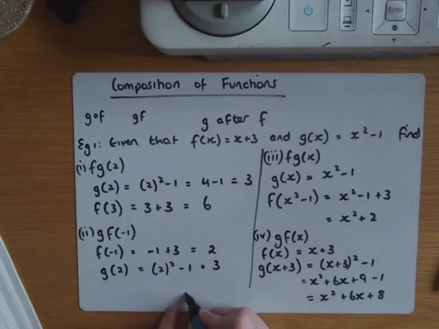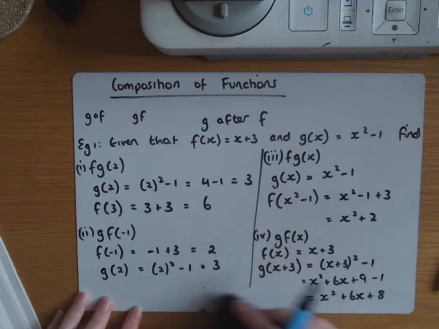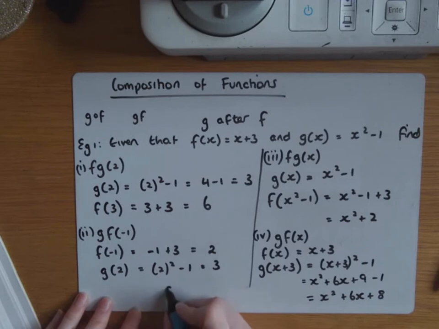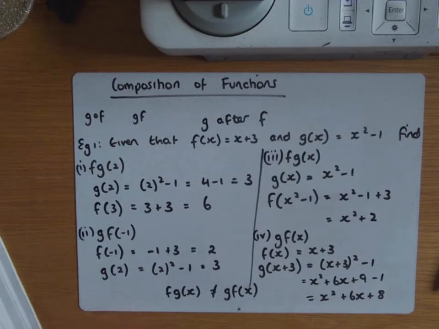So 2 by 3 is equal to 3 by 2. I've swapped around the place. That's commutative. 6 is equal to 6. But in this case, and in most cases, f of g of x is not the same as g of f of x. Okay, that's just something they could ask. Let's just do another example.